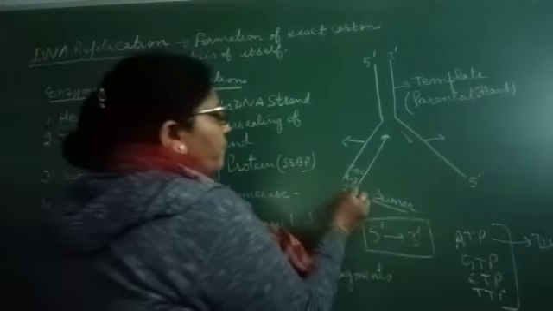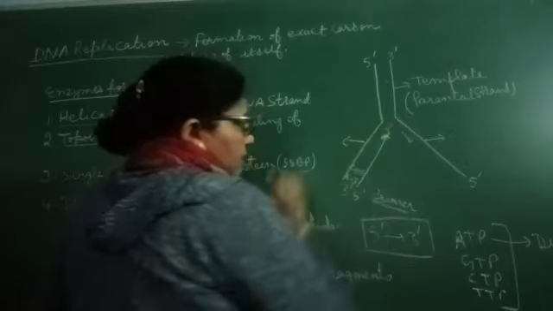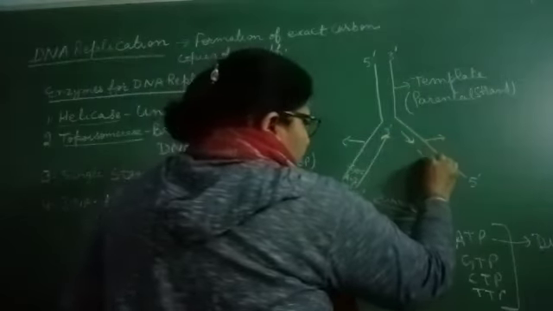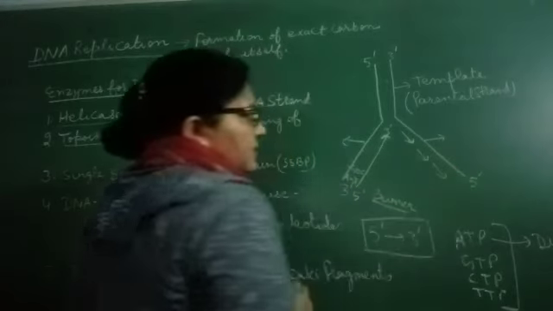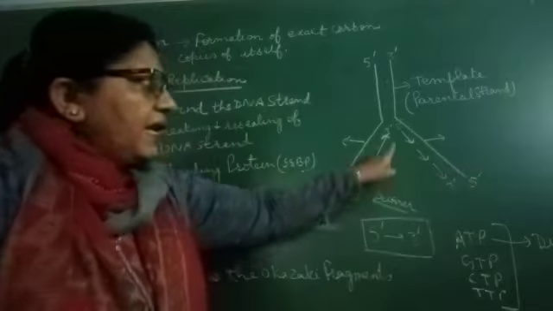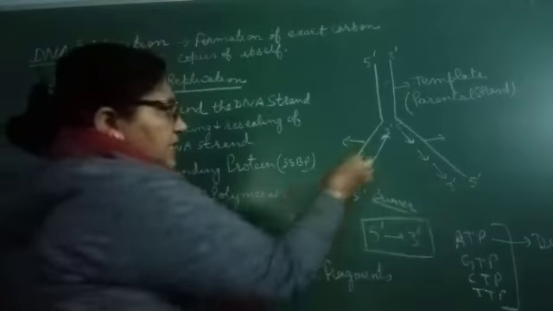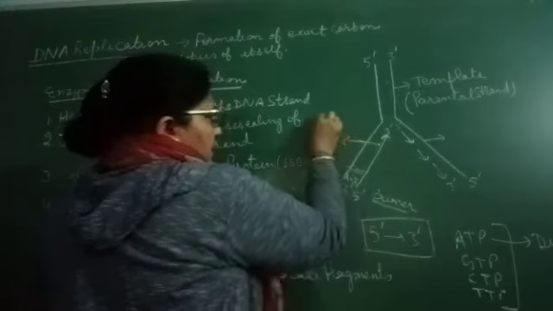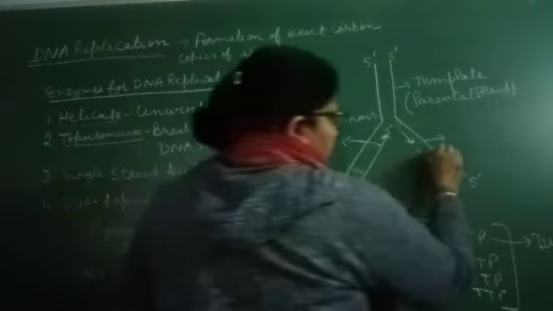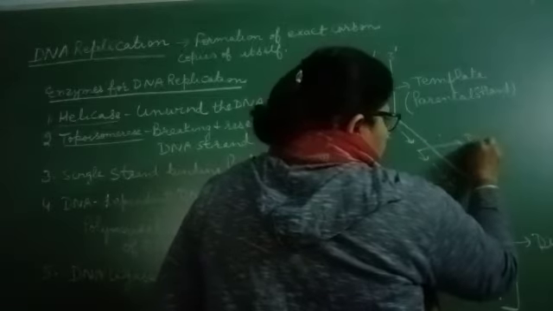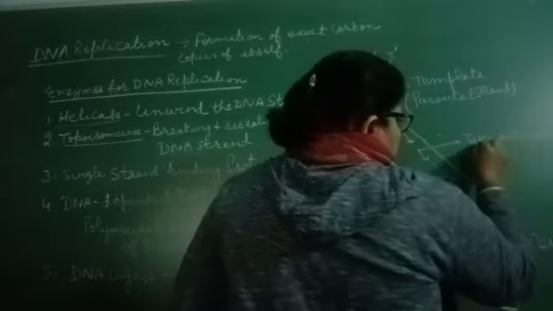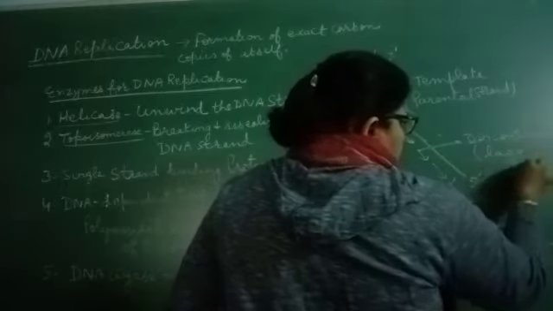So this is from 5' to 3'. It is a continuous strand. And here you will find the primers in the fragments. This is again from 5' to 3', but in the fragments. So this strand is known as the continuous strand, or leading strand, and this is known as the discontinuous strand, or lagging strand.